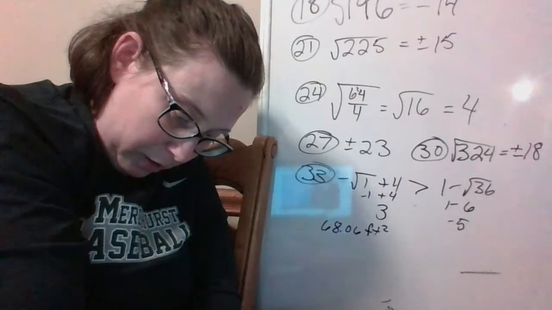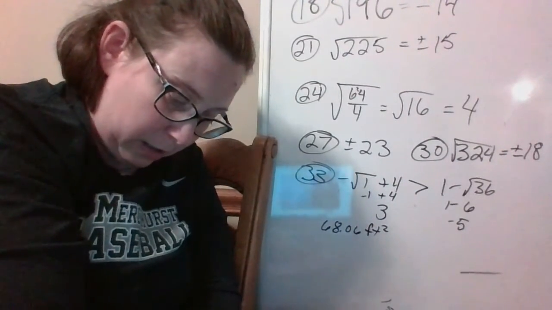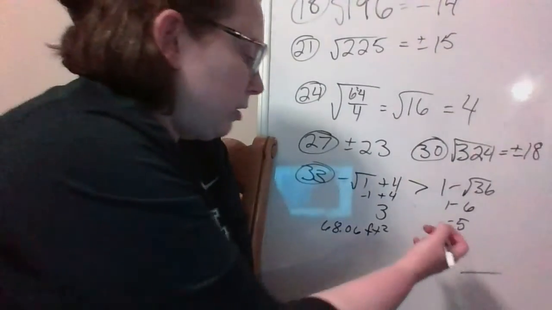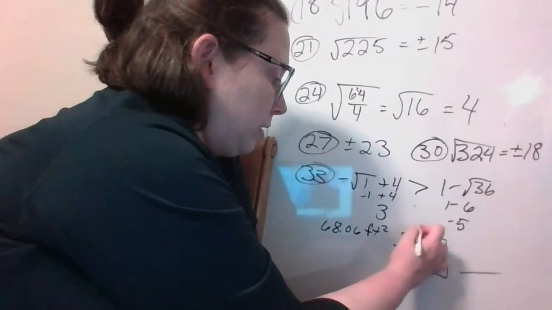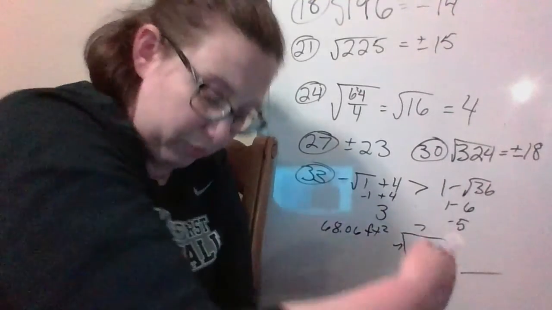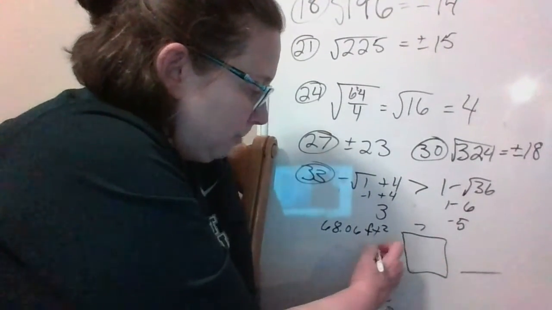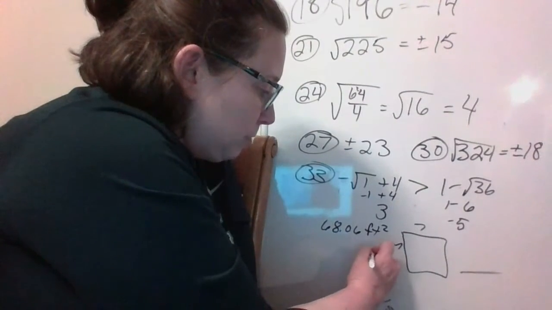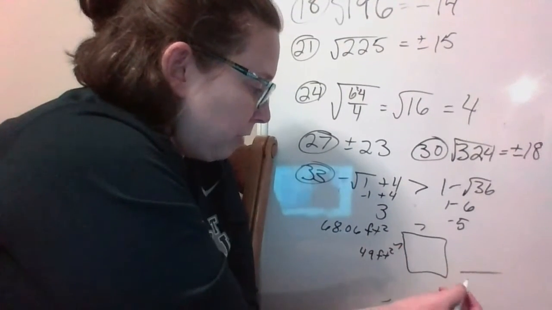They estimated the length of the side was about 7 feet. Is the estimate reasonable? So if we had a square rug and the side was 7 feet, that means that both sides would be 7 feet, where this would be about 49 feet squared.